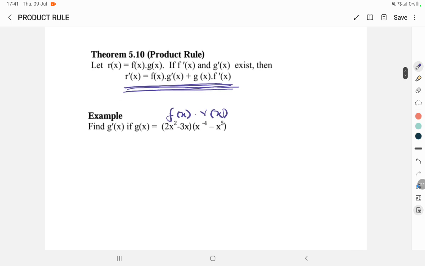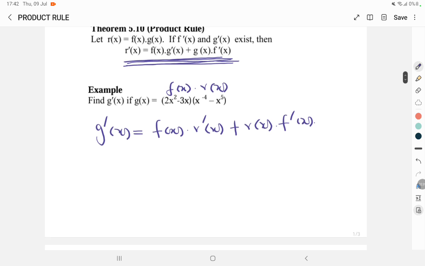That means to find the derivative of g of x, we're gonna say f of x multiplied by the derivative of r of x plus r of x multiplied by the derivative of f of x, right?